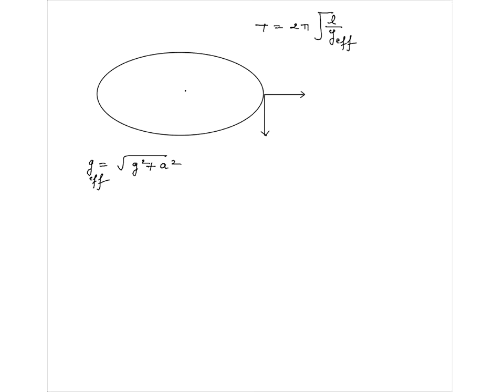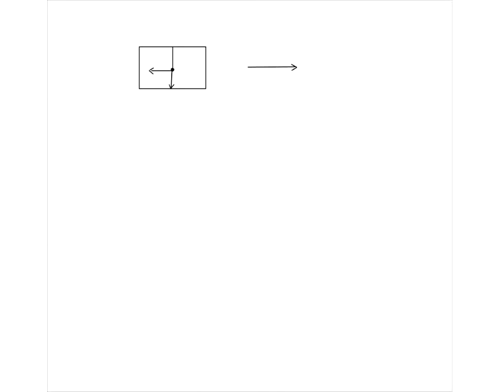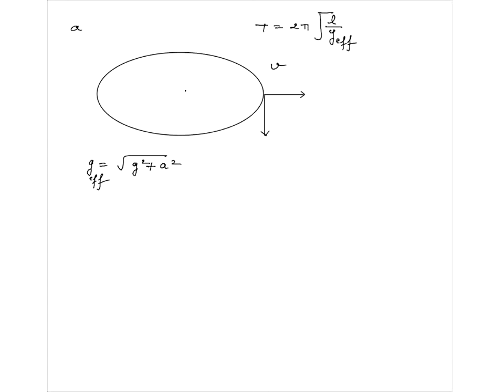In this case, if speed is V, then A is V square by R. So in case of this situation, A could be given to you. But in case of this situation, normally speed would be given to you, the radius would be given to you.